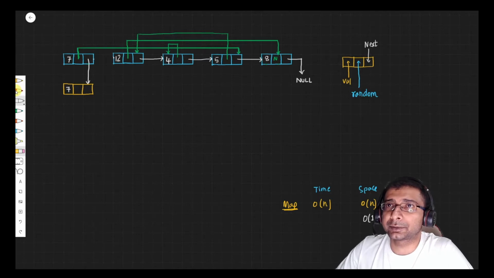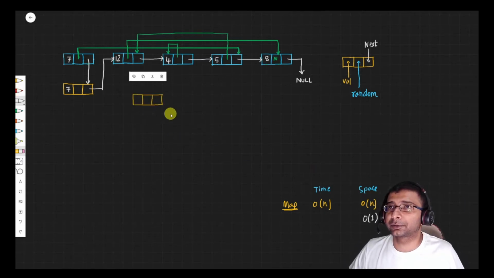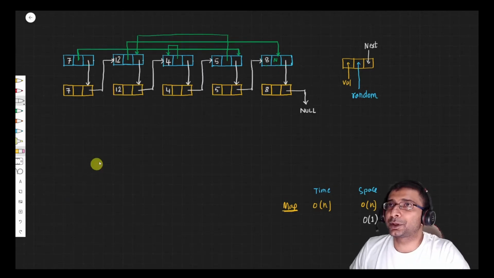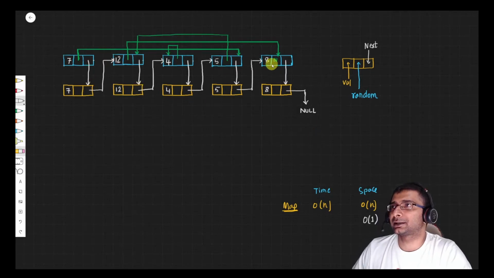And subsequently, we are going to put that same thing back here again. We will continue to do so for the next node as well, and for all the nodes. So at the end, we will have a list that looks like this: this points to this points to this points to this, and so on. And the last node doesn't point to null, it points to this.